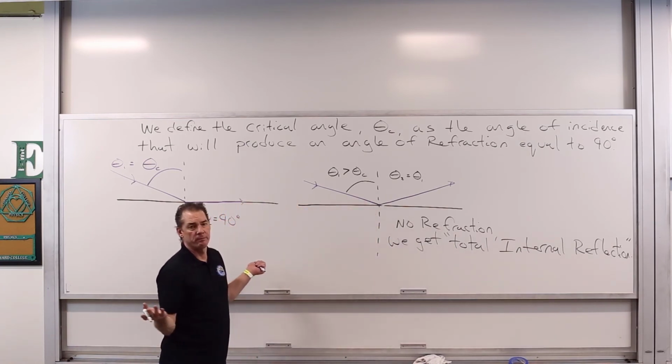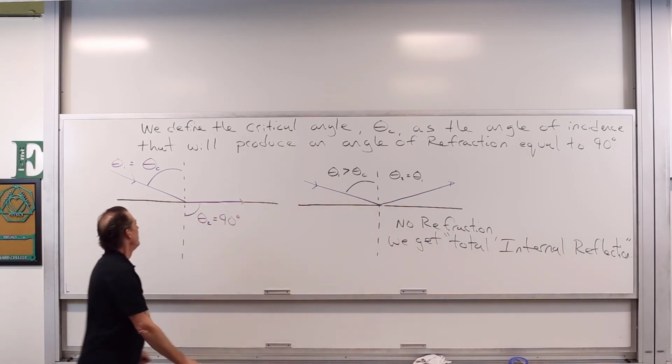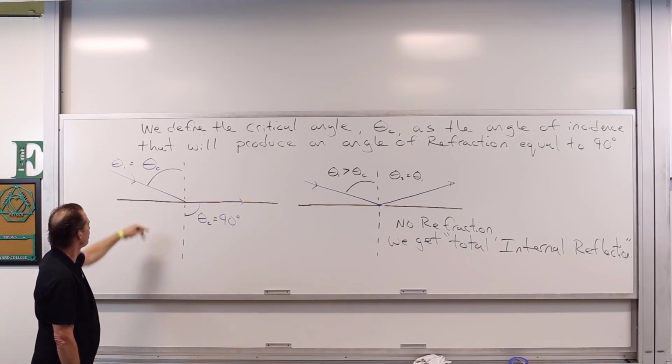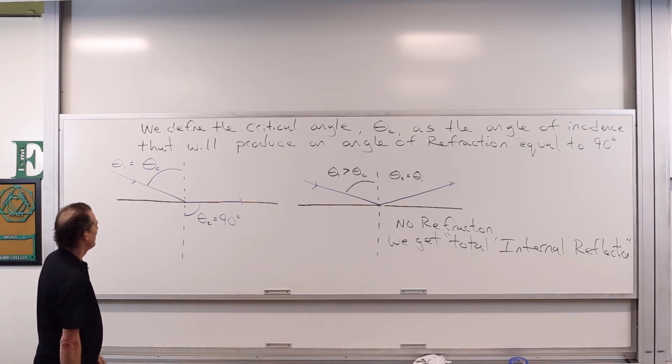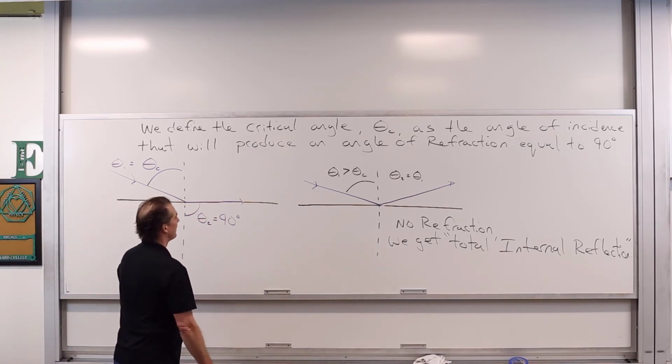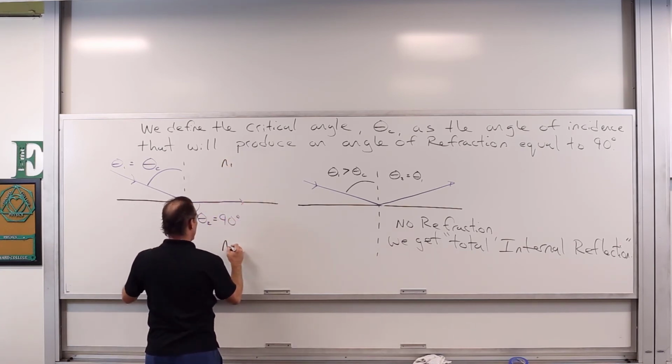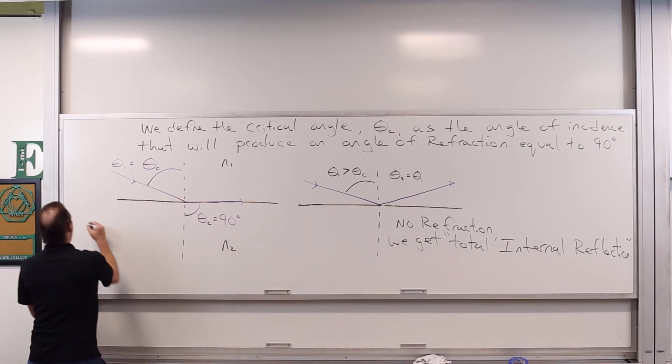So we just get reflection. That is a boundary, really, or a limit, I should say, a limiting case on angles. For this, let's draw this stuff in. We've got an N1 and we've got an N2.